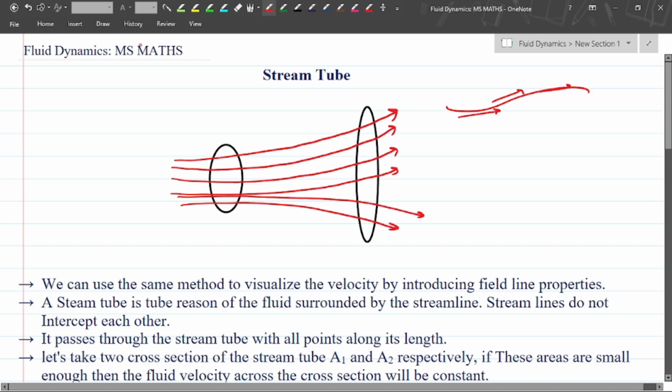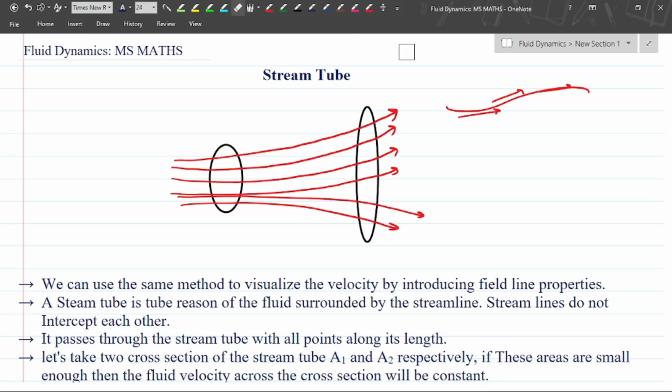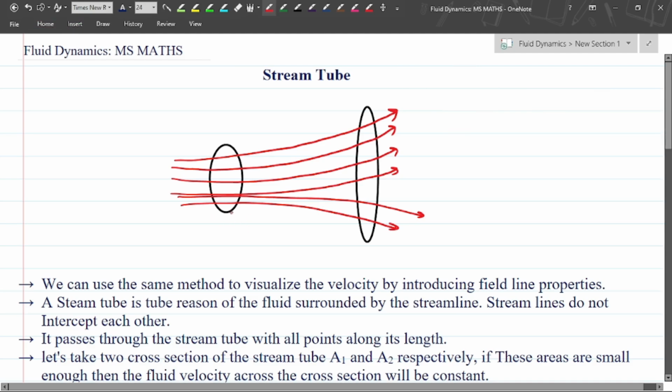Now, in this case, we consider a stream tube. So basically, we take an area that is A1. I say it is A1 and it is A2. Okay, now we will consider a flux.